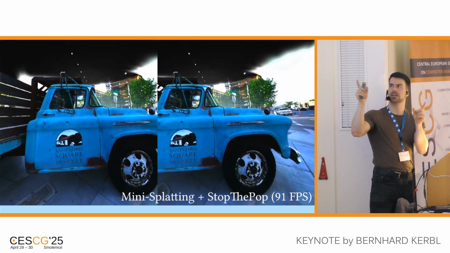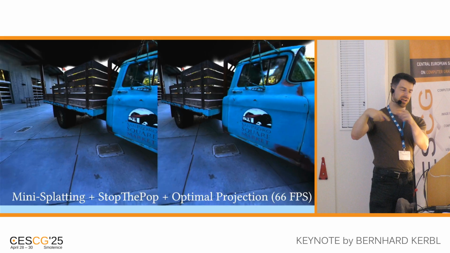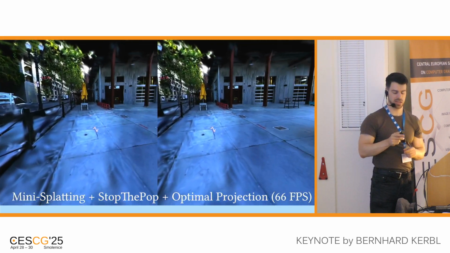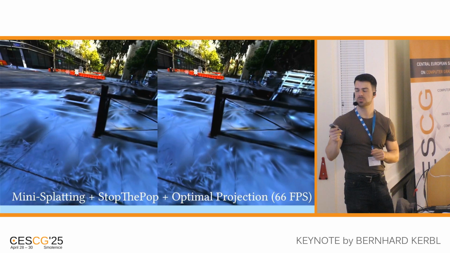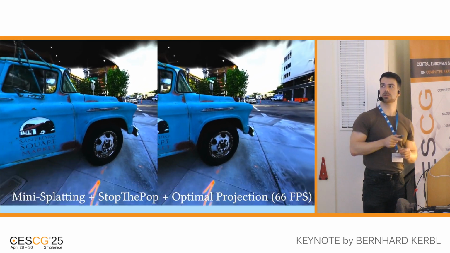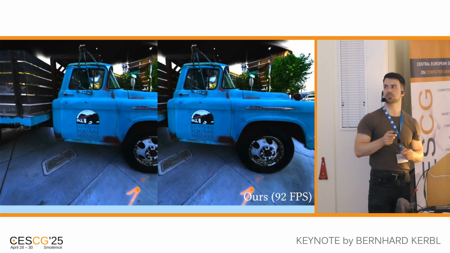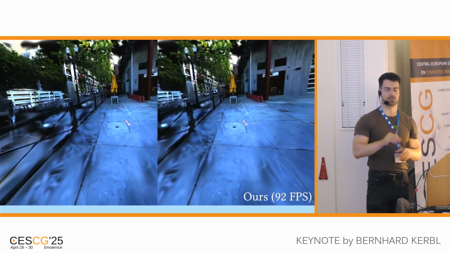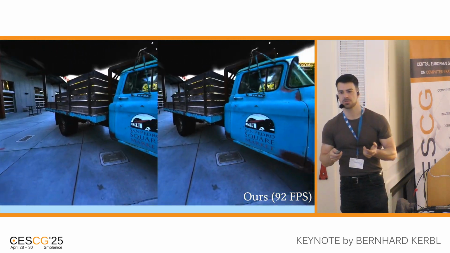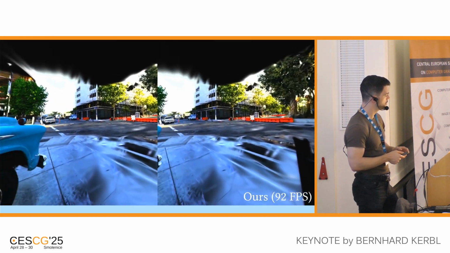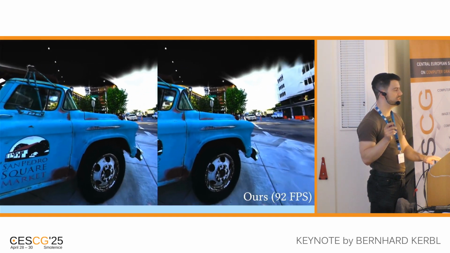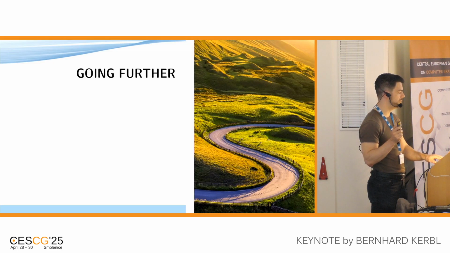Well, they're not entirely gone, right? But if you combine it with an additional approach that some other researchers, apart from us, discovered, which is optimal projection, this is starting to look pretty damn good. And then if we sprinkle on top of that the foveated rendering, we get a few extra frames per second that pushes us over 90 FPS, which is really quite nice and already is becoming quite usable for VR.